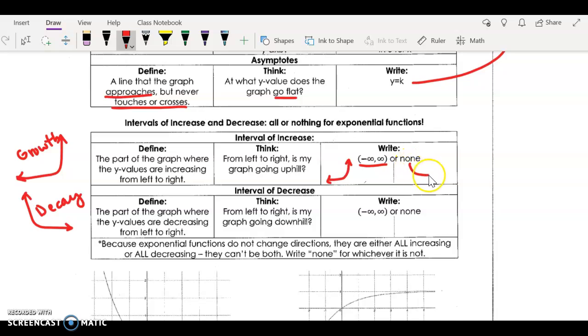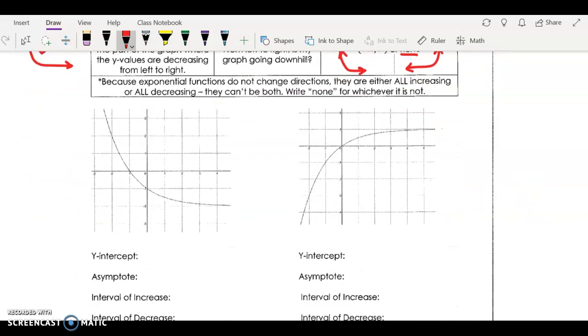And if the whole thing is decreasing, then for the interval of increase, we'll just write none. And then same thing with interval of decrease. If the whole thing is decreasing like this, we'll write negative infinity to positive infinity. If the whole thing is increasing, then there's none. So let's look at these examples.